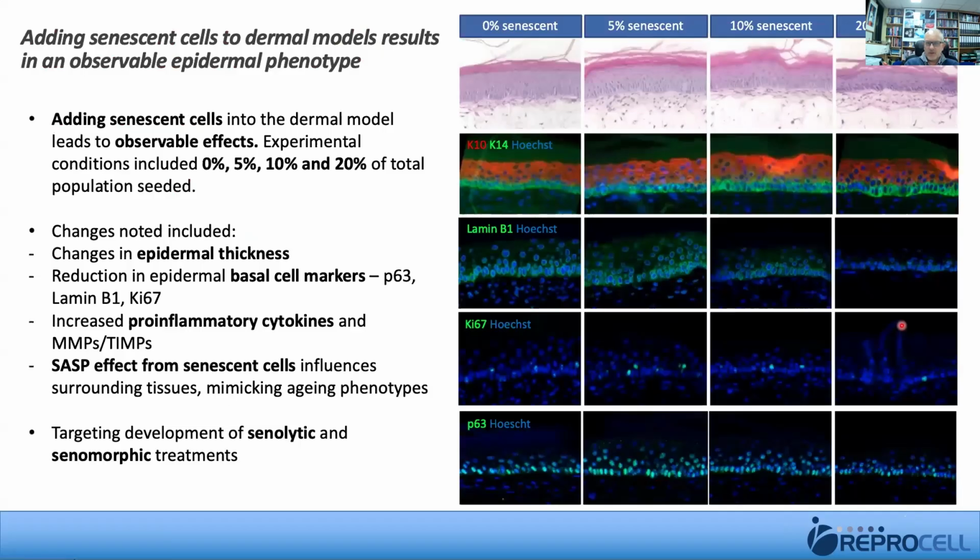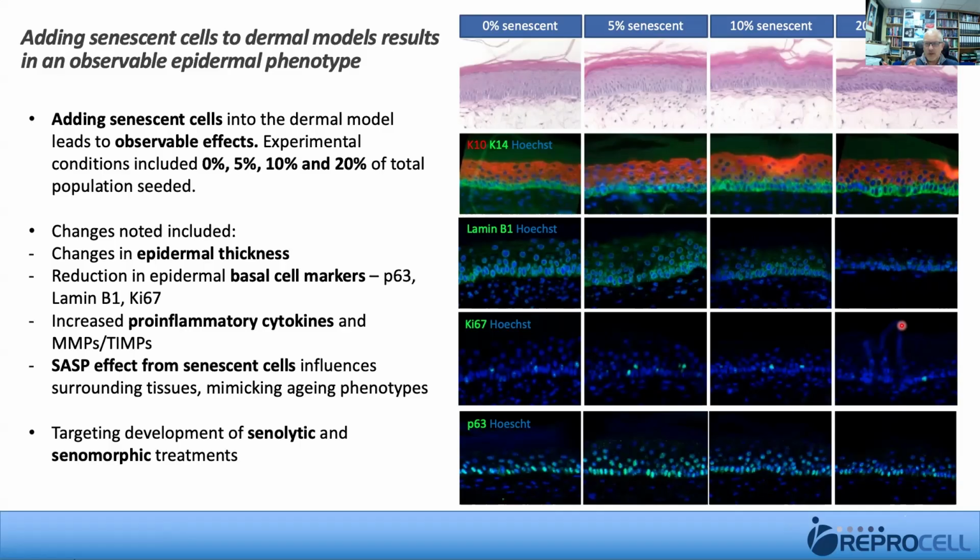As tissues age in general, they accumulate senescent cells, and we can add senescent cells into our models artificially. So we take fibroblasts, we can irradiate them, or we can treat them with chemicals to render them senescent.